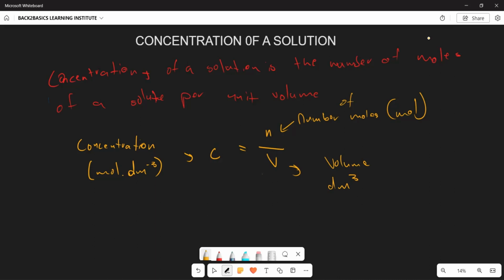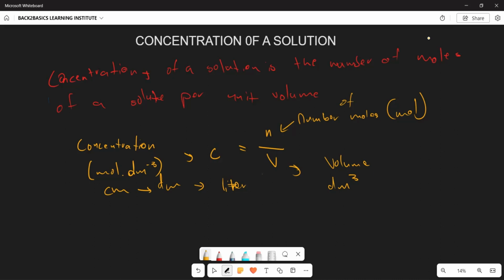Now, what you need to take note of is that if you are given the volume in terms of centimeters, it can be converted into what? Into decimeters, right? And it can also be converted into liters, right?